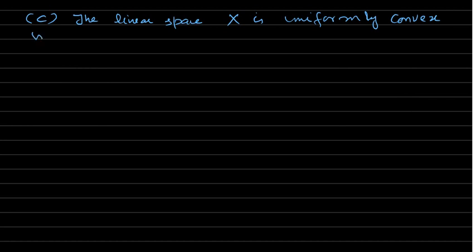And the third statement is the linear space X is uniformly convex. What does that mean? It is uniformly convex in this norm, not in all norms, in the norm which we defined above, which is induced by inner product.